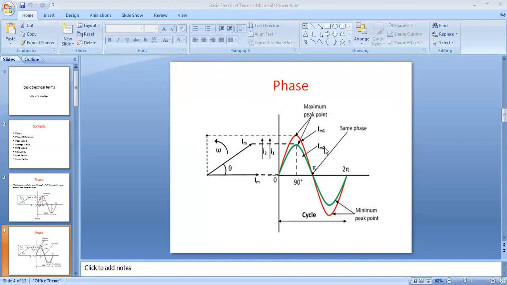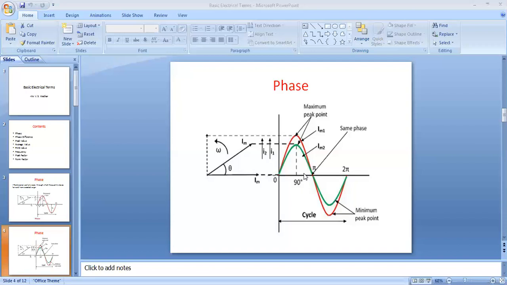Both the quantities attain their maximum peak point and minimum peak point at the same time, and the zero value of both the quantities is established at the same point or same instant. So the quantity IM1 and IM2 are both in same phase.